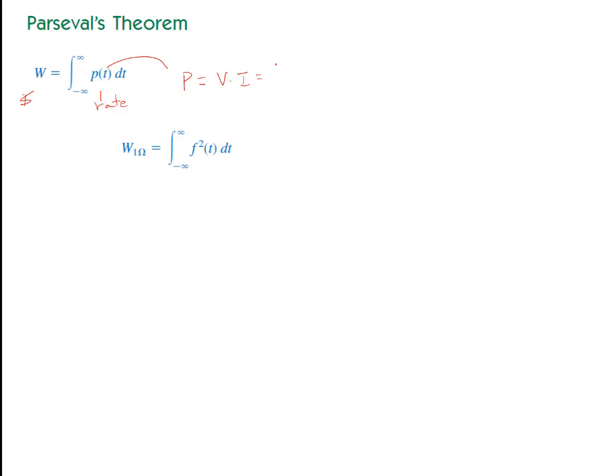But we use Ohm's law and we get that it's volts squared over R, or we can say that it's current squared times R. And the point of the 1 ohm resistor is if R goes to 1, we really are just talking about volts squared or current squared.